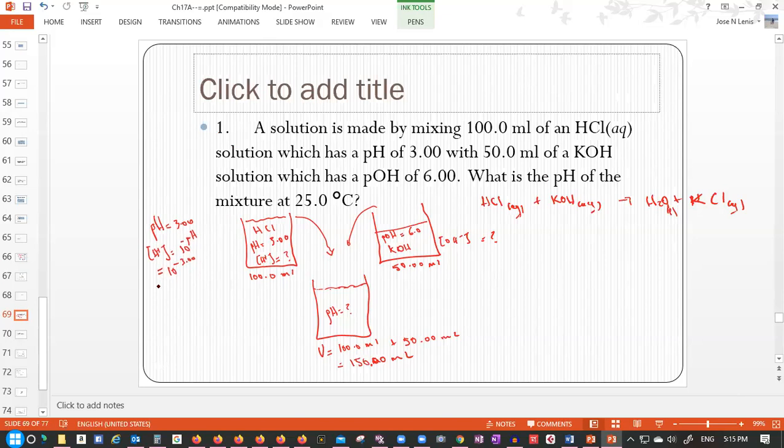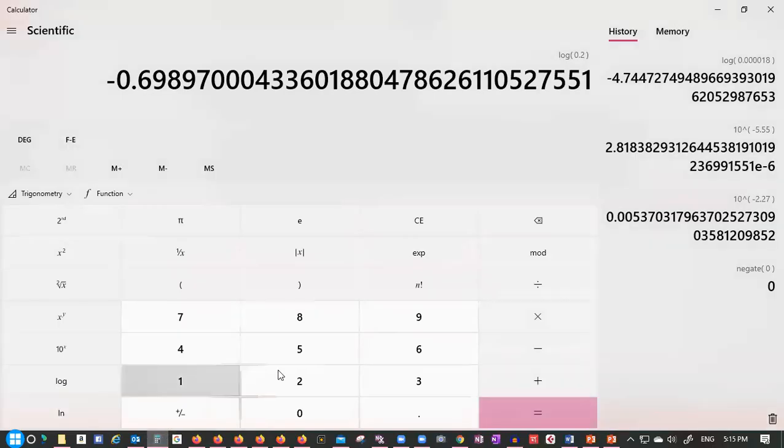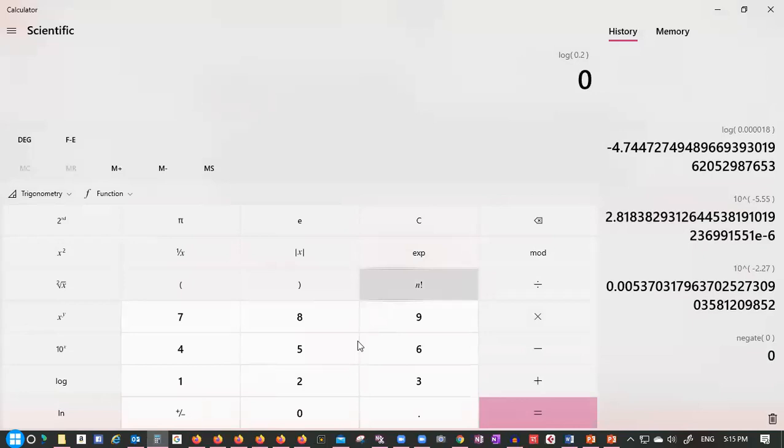So the concentration of H+ in the first flask is going to be 3.00, and we do 10 to the x.